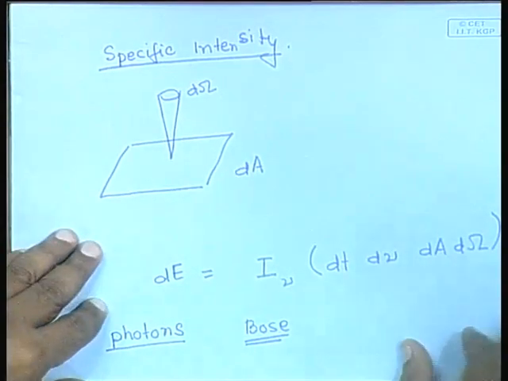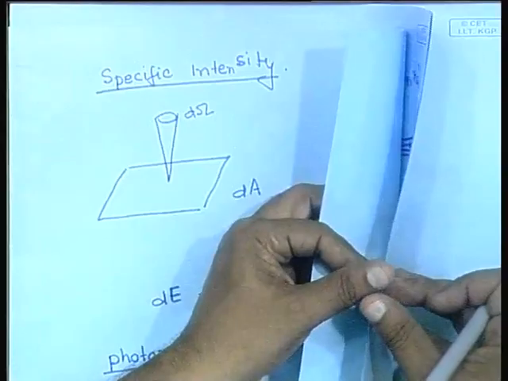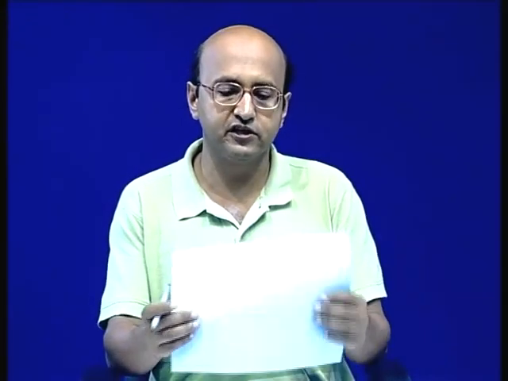So, let us assume now that we have what we call radiation in thermal equilibrium. This is called black body radiation at a temperature T. We know the occupation number for this radiation, so let us calculate the specific intensity for such radiation.